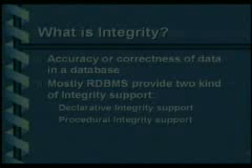Mostly RDBMS provide two kinds of integrity support. The first one is called declarative integrity support, and the second one is called procedural integrity support. The declarative integrity support is the one which we normally specify when we are giving SQL commands, whereas procedural support is something like triggers.